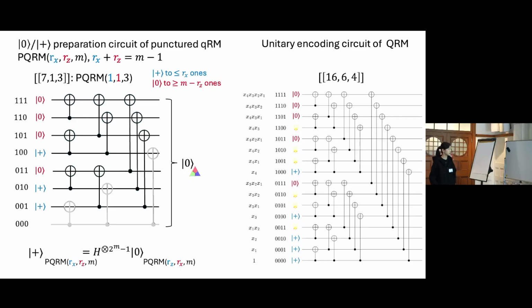I just want to emphasize that this is a plus and 0 preparation circuit for these punctured codes, so it's not an arbitrary state unitary encoding circuit. However, for this high rate code, it is an arbitrary state unitary encoding circuit.